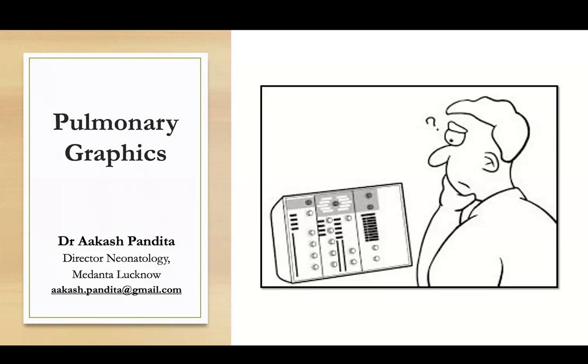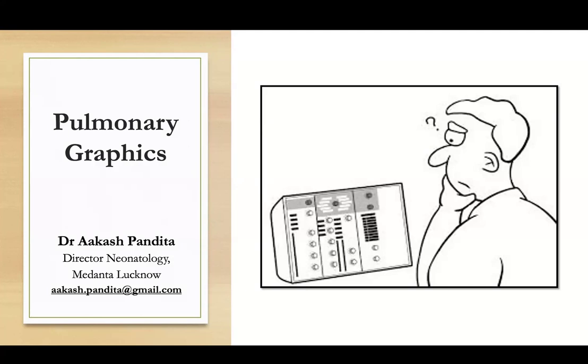When we began ventilation, we only had X-rays to know about the condition of the lung. Then subsequently, we had blood gases. The problem with both these modalities, X-ray and blood gases, is that they give a snapshot of what is happening with the lung or the milieu interior.